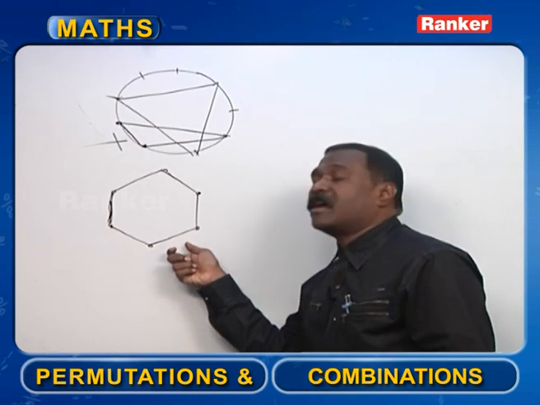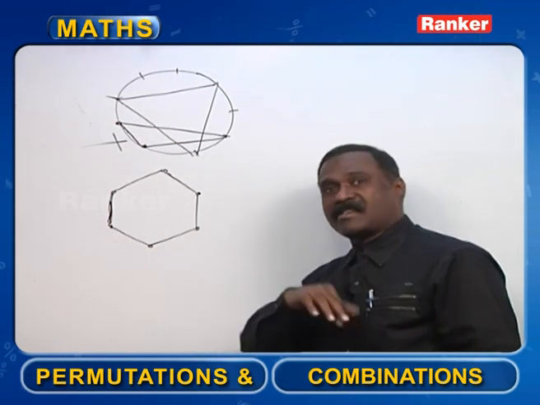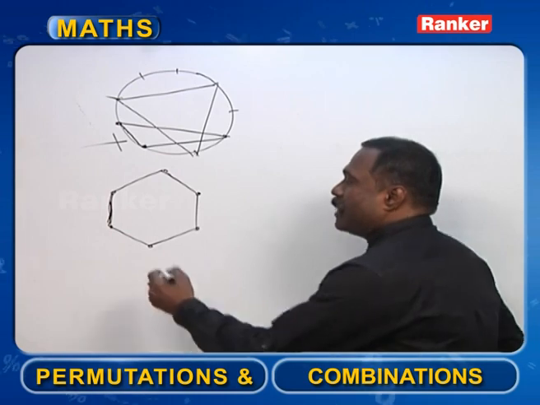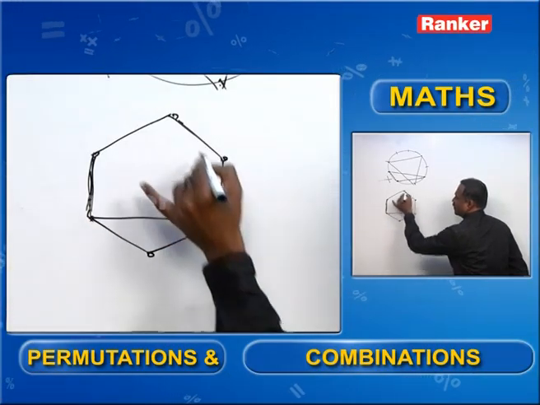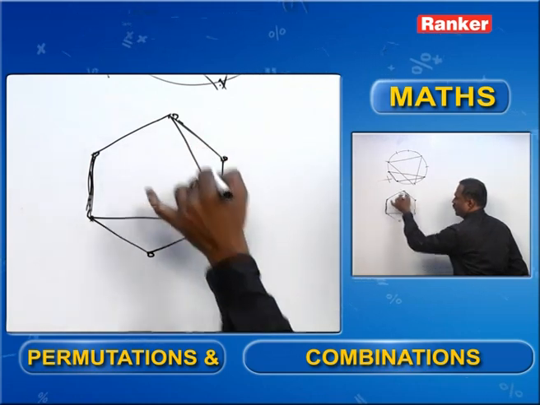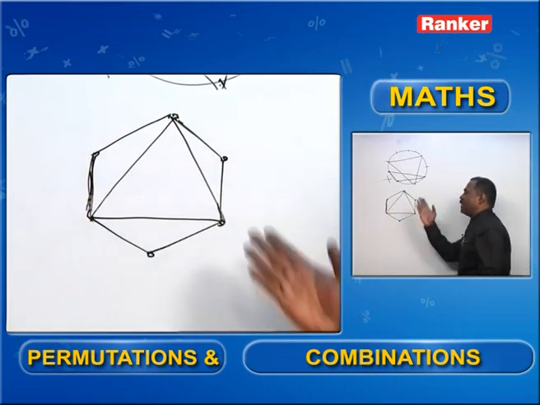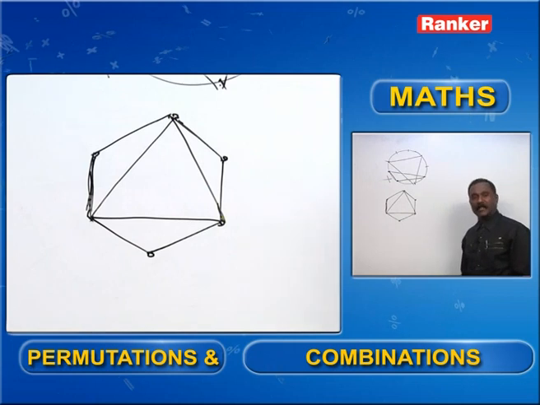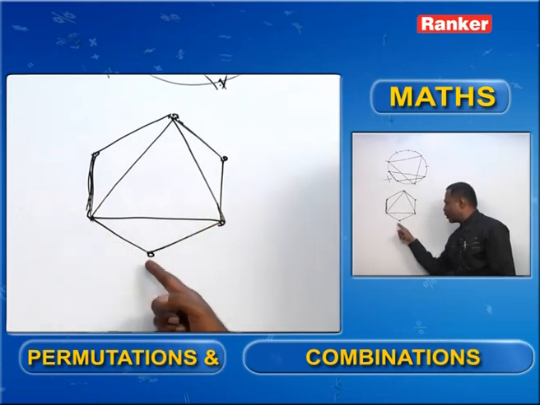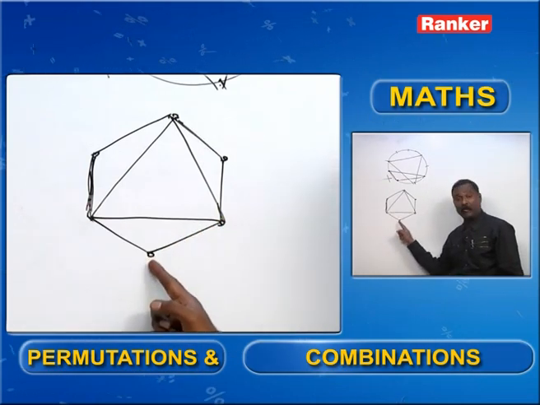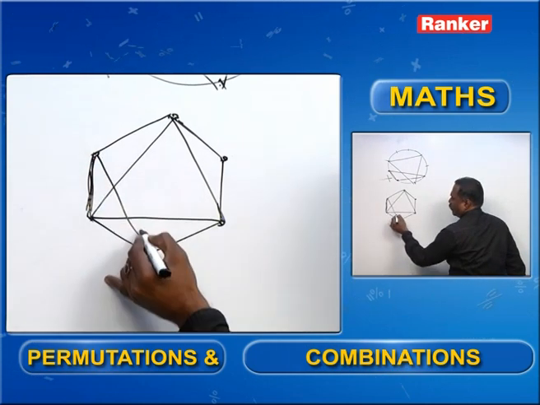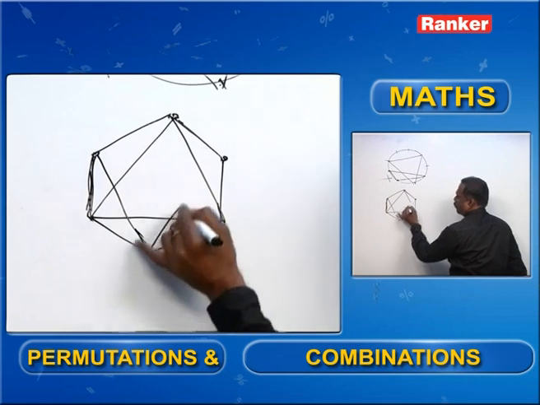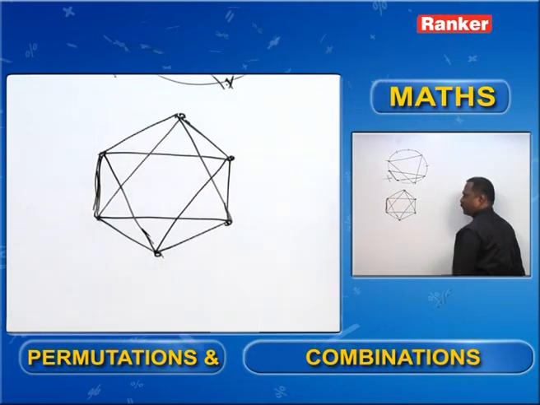Now, how many triangles can be formed in such a way that no side of the hexagon should be the side of the triangle? If you draw this, this is one triangle which we need, because these two are not consecutive. In between them, one vertex is there. Now, if you see, this one is also needed.